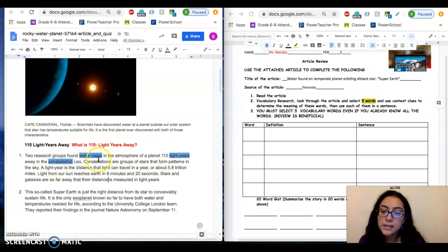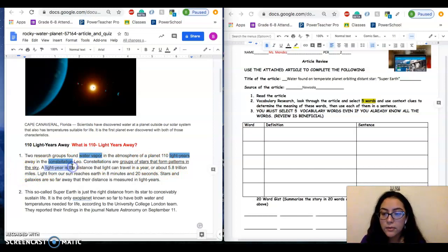Because I didn't know what constellation was before, I would like to highlight it. Actually, I'm not going to highlight, because I want to leave the highlighter yellow for very important information. So instead, I'm going to go ahead and underline it. Constellations are groups of stars that form patterns in the sky.